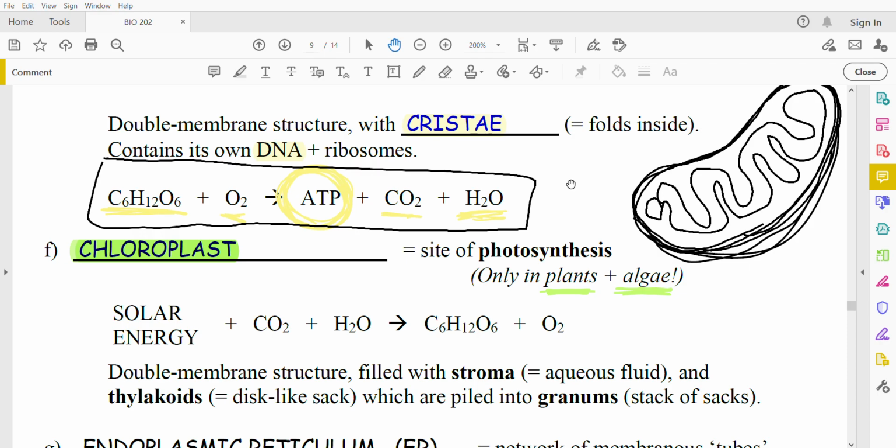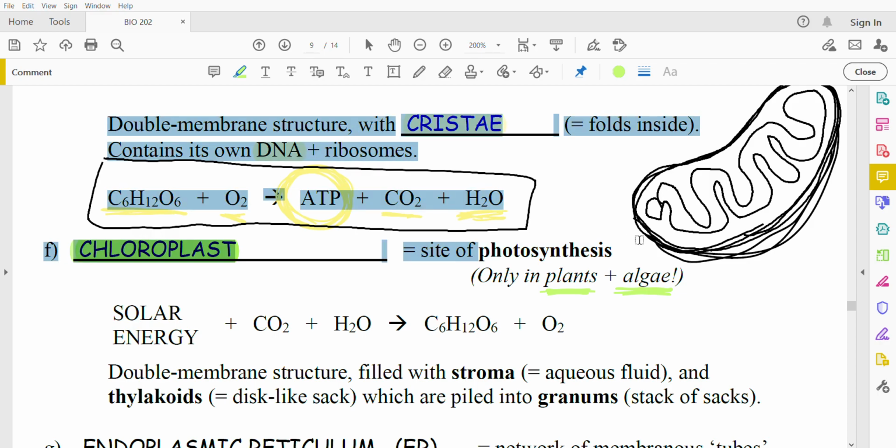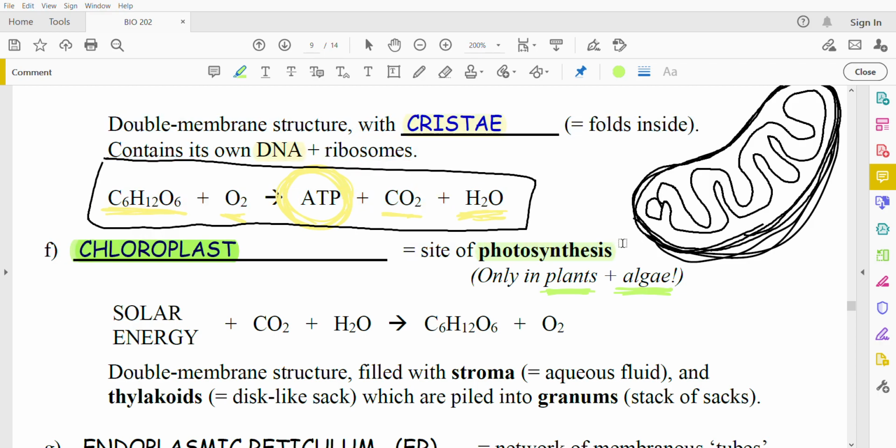So what happens in photosynthesis? Let's have a look at that a little bit. In photosynthesis, we take solar energy, so sunlight, and in addition to that, we also have water and we have carbon dioxide.